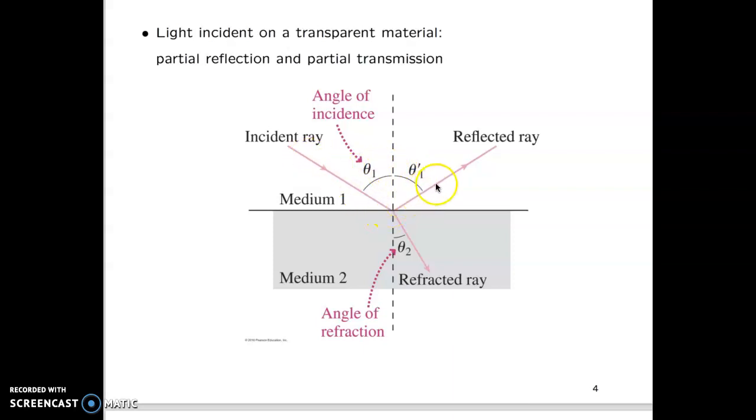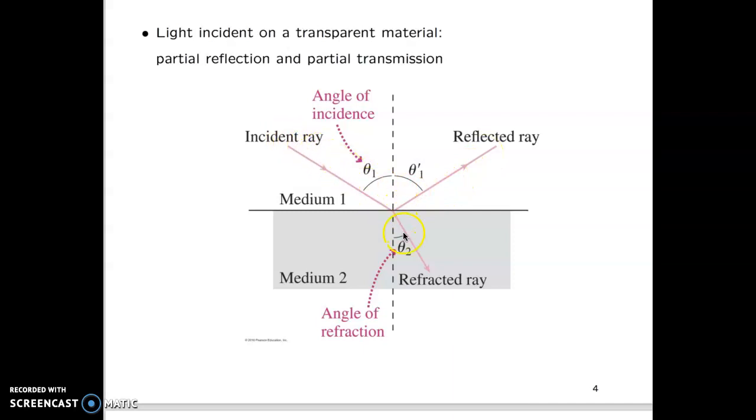So some of the electromagnetic waves, some of the light gets reflected, but generally speaking, some of it goes into the medium. So if this is going from air to glass, medium 1 might be air, medium 2 is glass. Some light, of course, gets reflected off the surface of the glass.